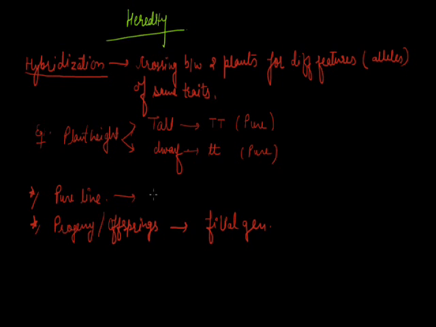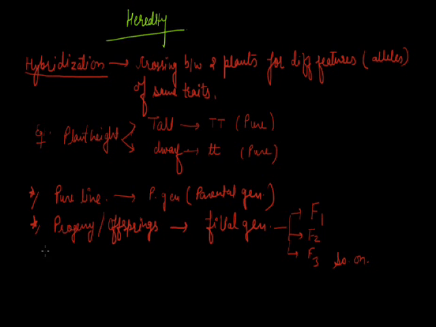The pure line we take first indicates the P generation, or parental generation. Later on you can see various filial generations, which are called F1, first filial generation, F2, second filial generation, F3, third filial generation, and so on.